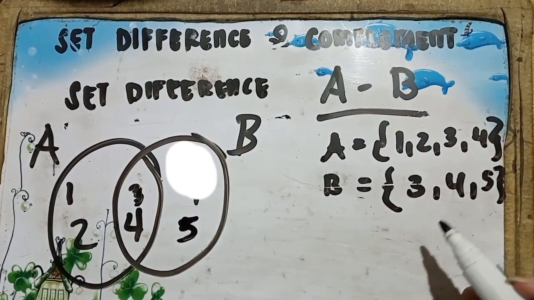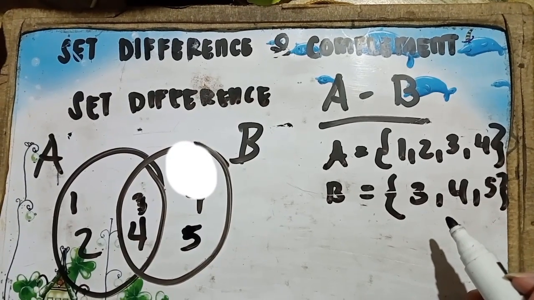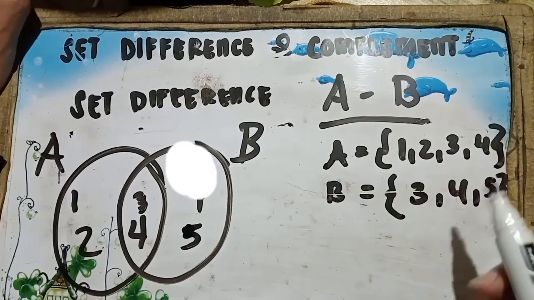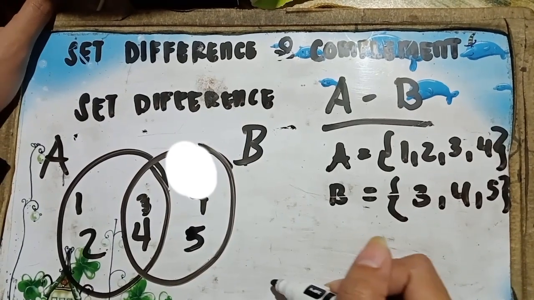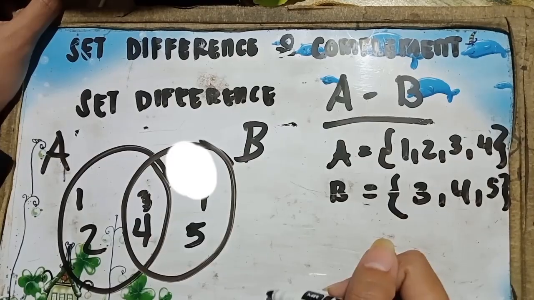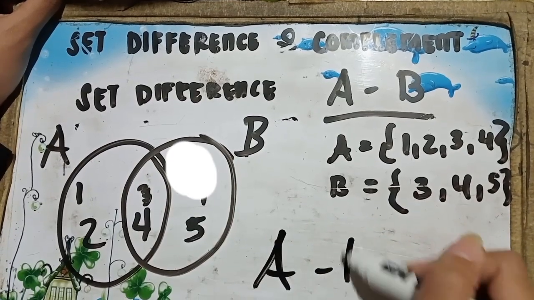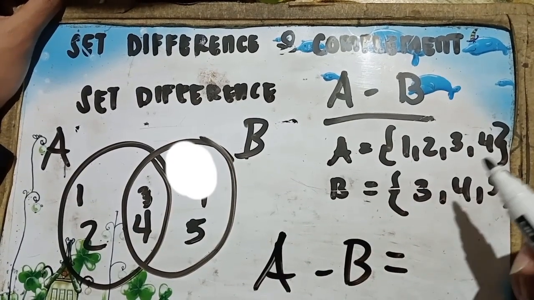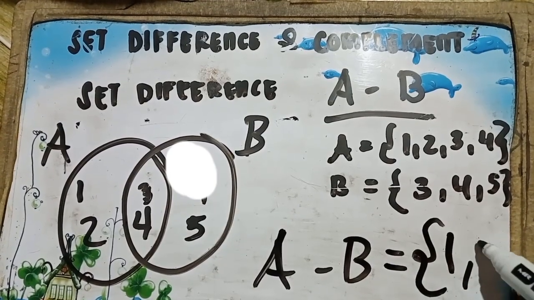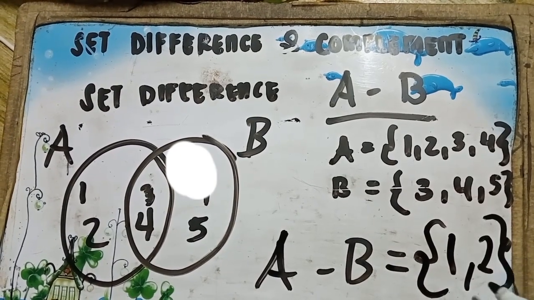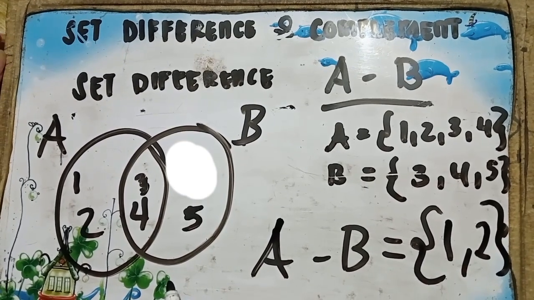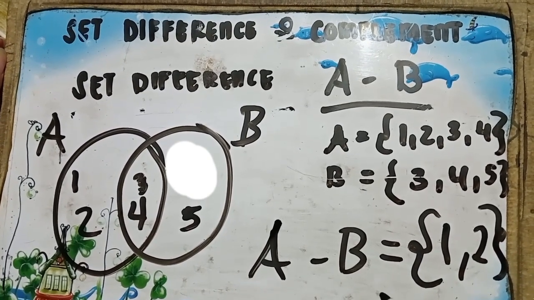What numbers are in A but not in B? Our set difference, A minus B, equals 1 and 2. Notice how only the elements unique to A remain.